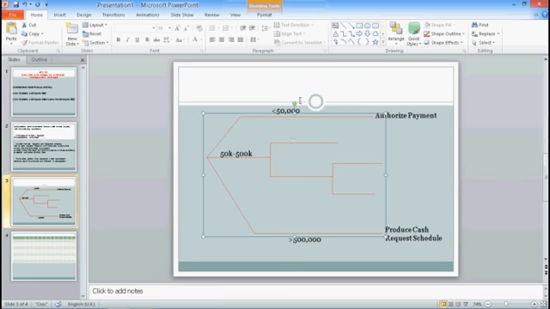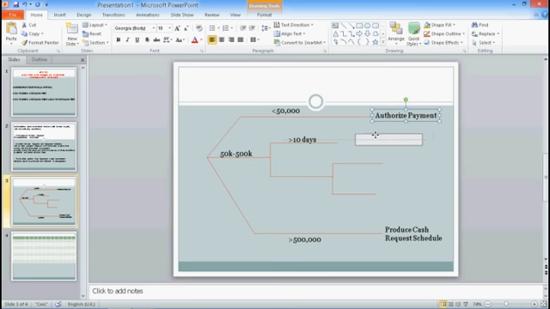So here we say greater than 10 days, authorized payment. So once it is greater than 10 days, we authorize payment.